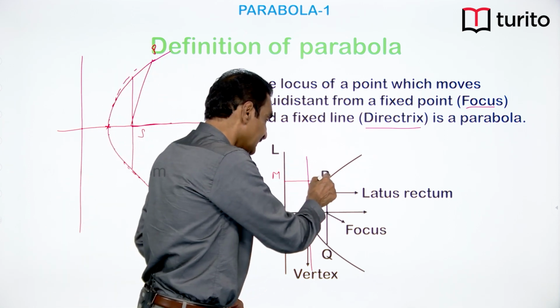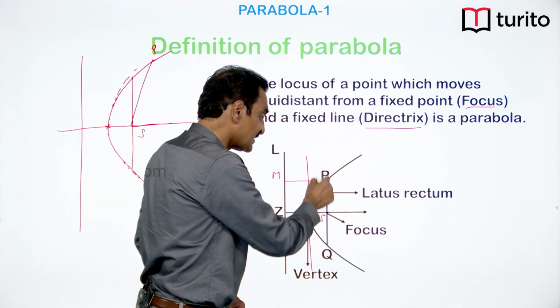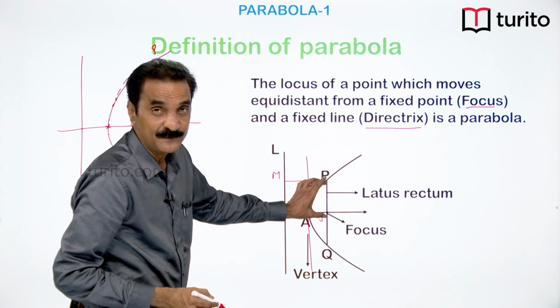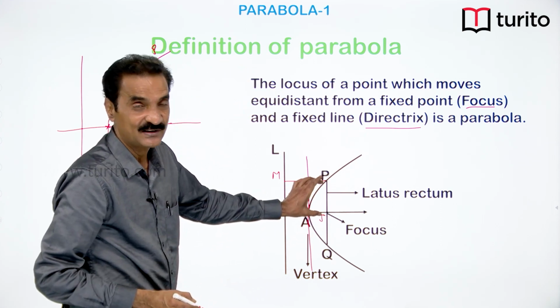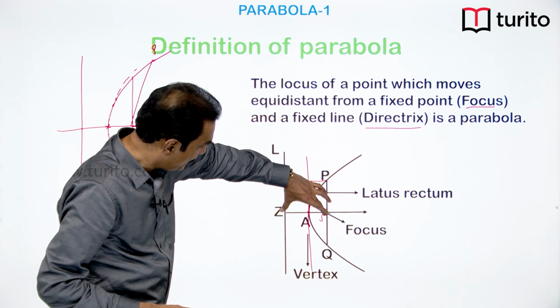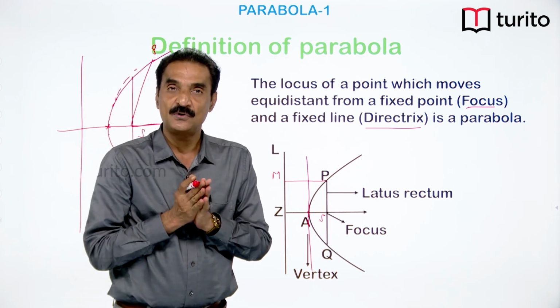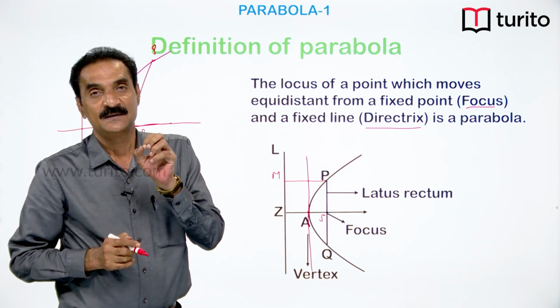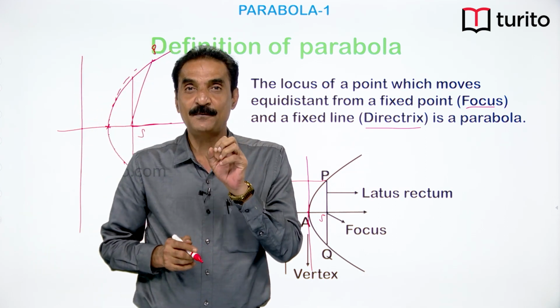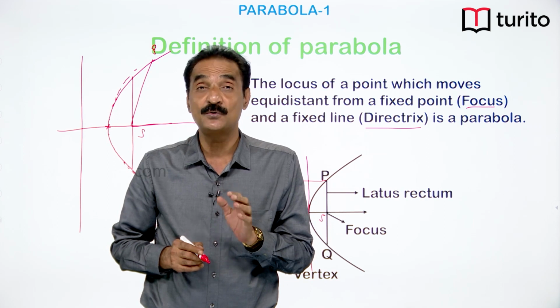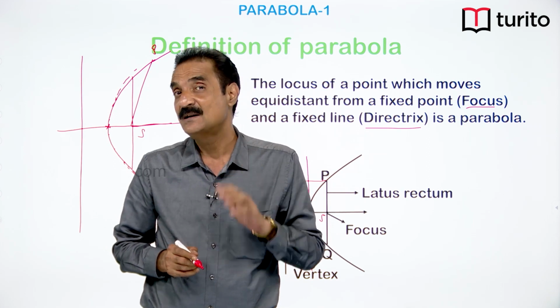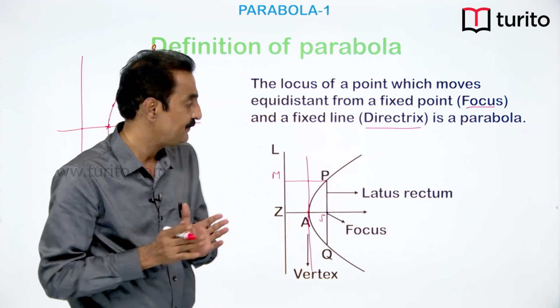Therefore, if the length of the latus rectum is PQ, then this is half the latus rectum, we call it the semi latus rectum, that is equal to the distance between the focus and directrix. So, the important point is the distance between the focus and directrix is equal to half of the latus rectum or semi latus rectum. Okay.